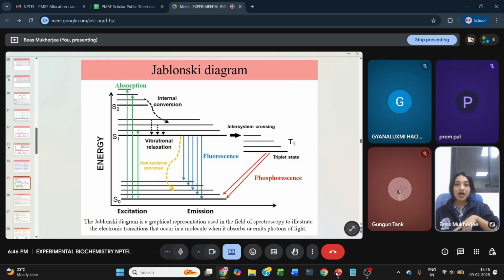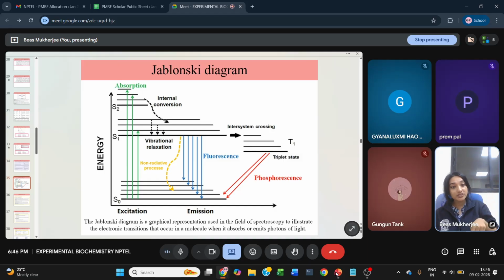Okay. So now on absorption of the light, these electrons can go to different energy states. And then there is something called internal conversion. So it is traveling from the higher energy state to a relatively lower energy state and giving out some energy. And then it is coming back to its ground state.